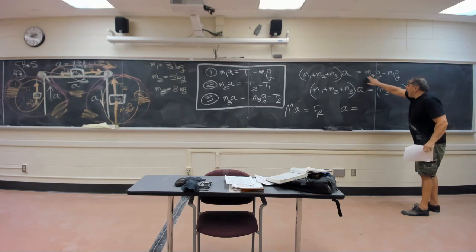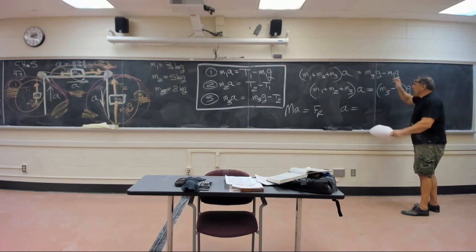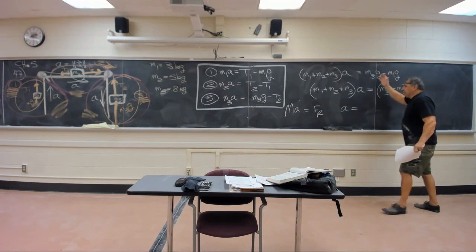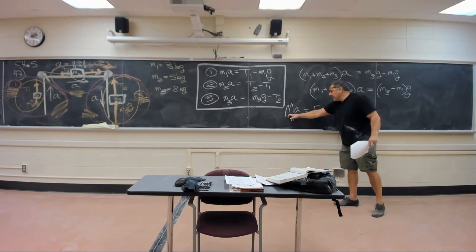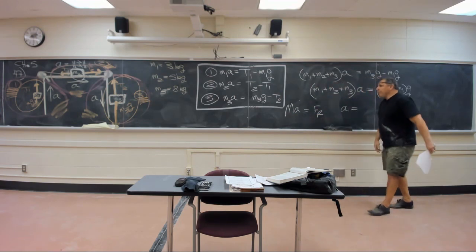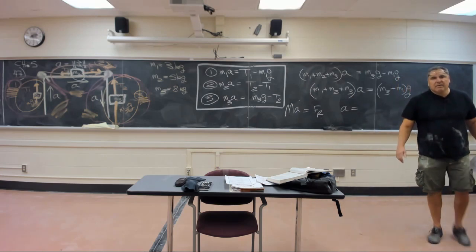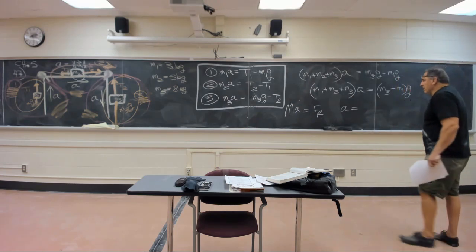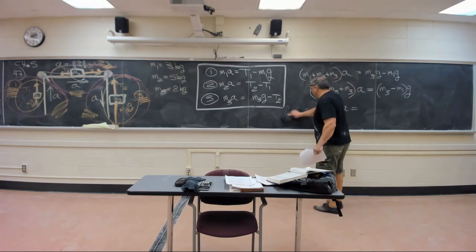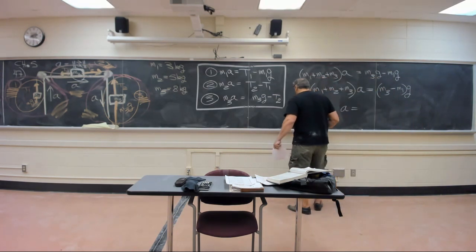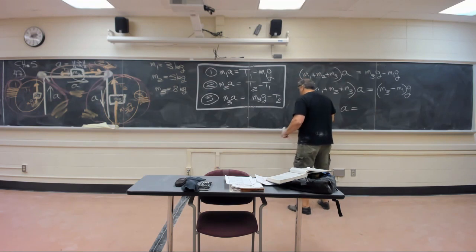Isn't the big weight minus the small weight a resultant force, because they're pulling in different directions? Sure is. Isn't all of this the mass of everybody together? Yeah. Force equals MA. So we got this.